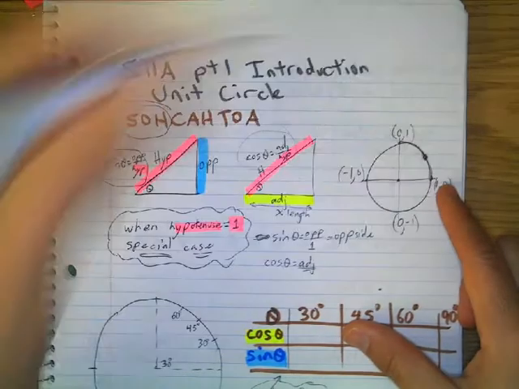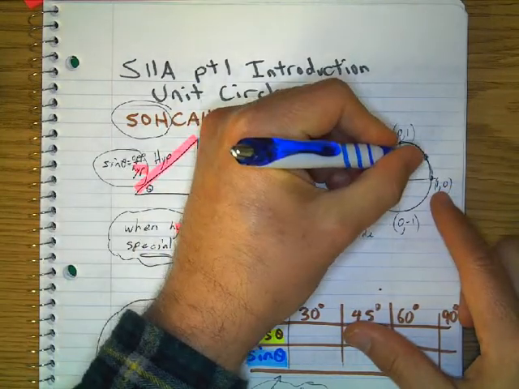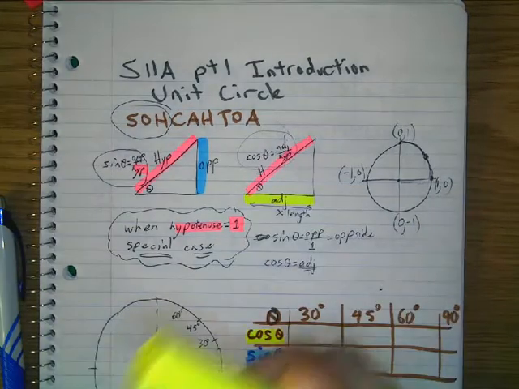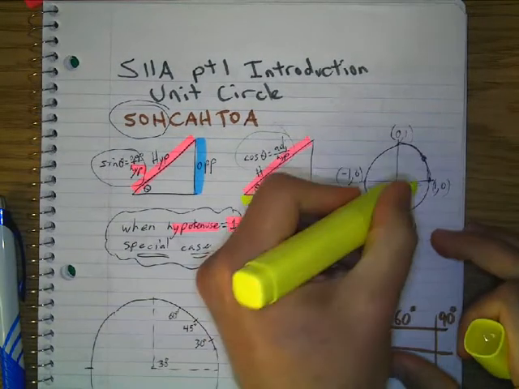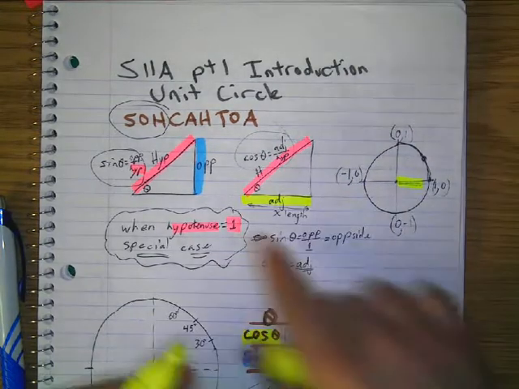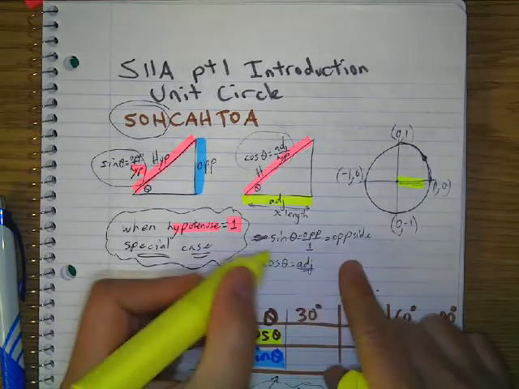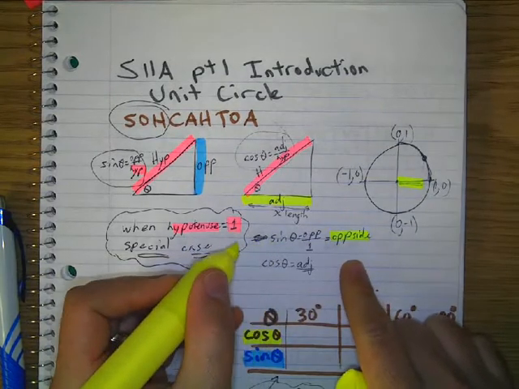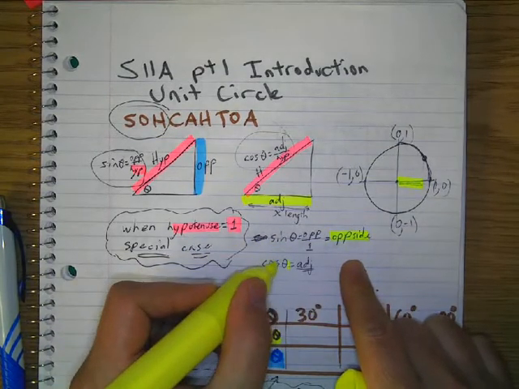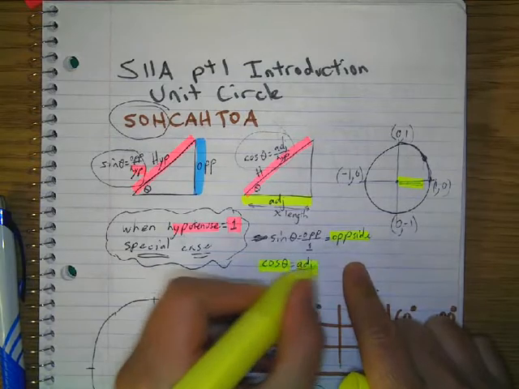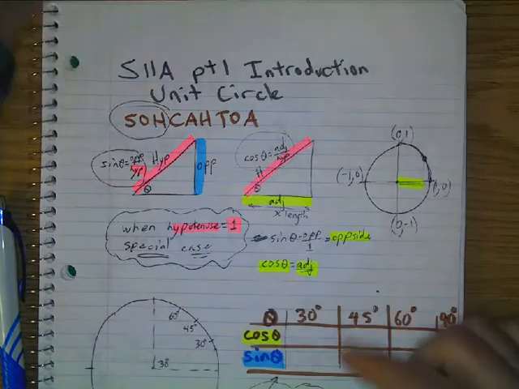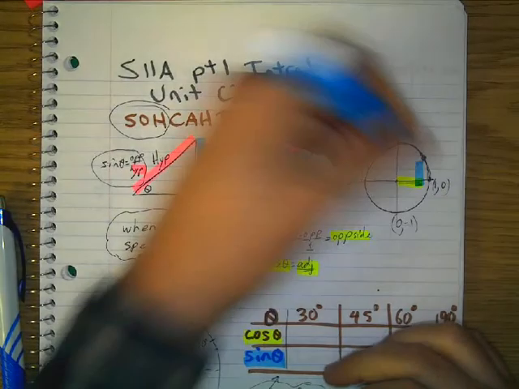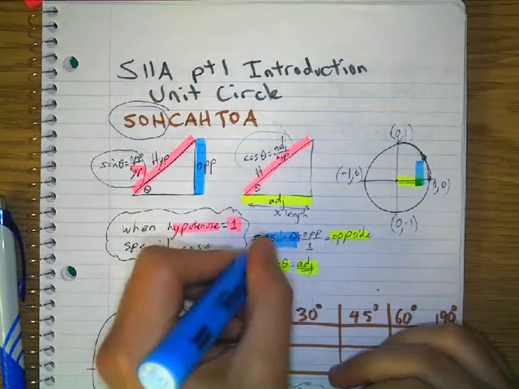The distance traveled in the x direction can be cosine, and the distance traveled in the y direction can be sine.